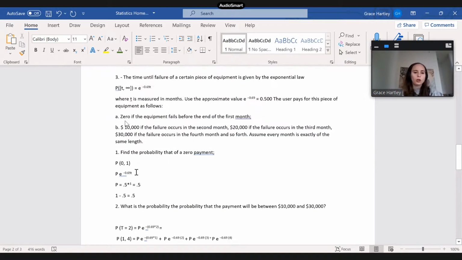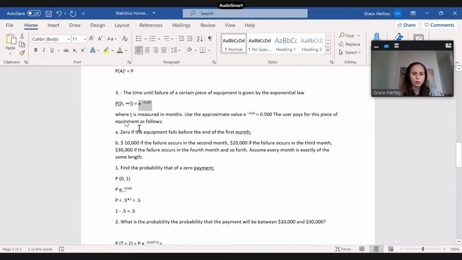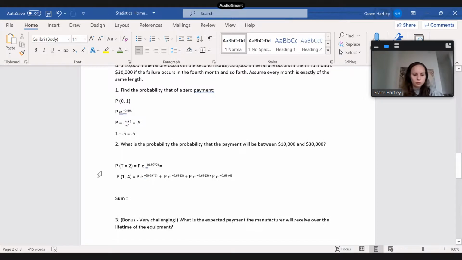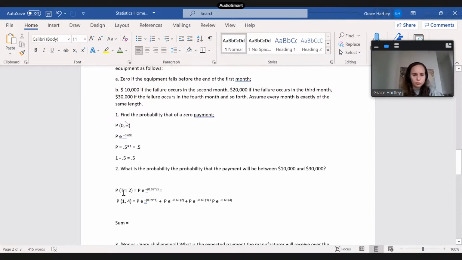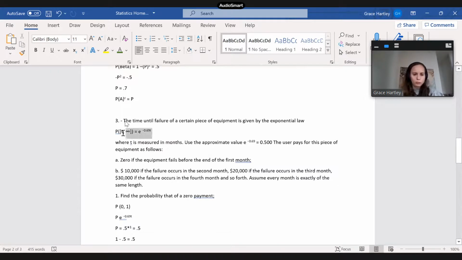What you're going to do is just plug in numbers. So the probability of 1 to 4 is the probability of 1 to unlimited minus the probability of 4 to unlimited, and you get the interval from 1 to 4.